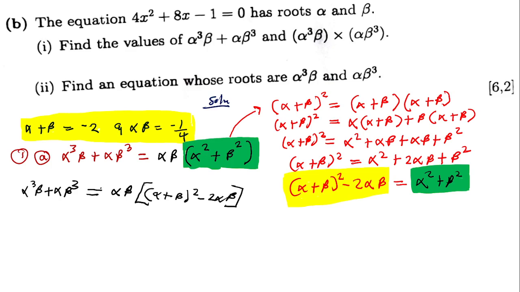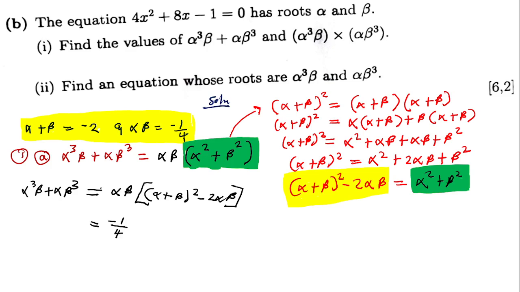Okay, all right. With that being done, what we can now do is we're going to say is equal to, where there is alpha beta, we are going to put -1/4.